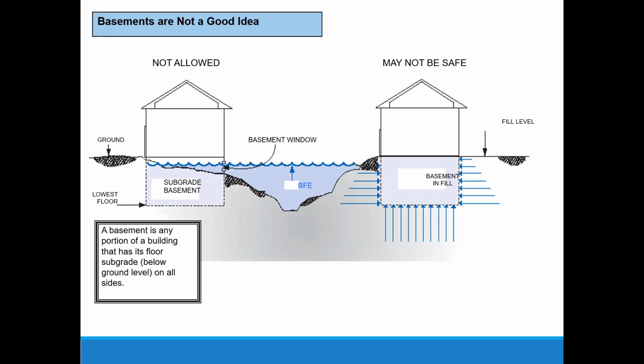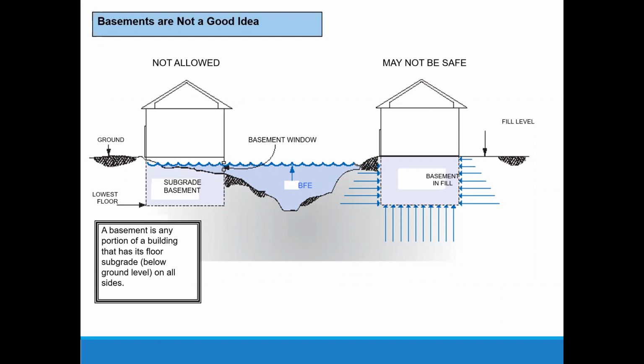And by FEMA definition, again, that means the floor is subgrade on all sides. And so that's what makes it a basement. We've seen where people have accidentally turned a crawl space into a basement by putting fill in around that. And then the interior grade is below the actual exterior grade outside. So that can happen as well, something to watch out for.